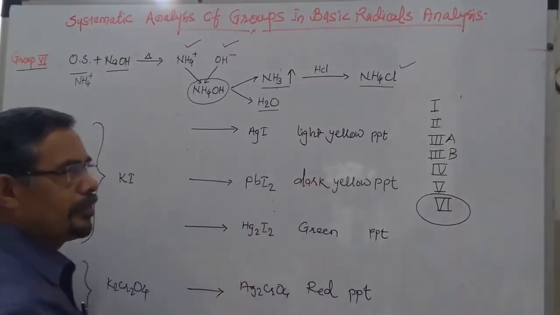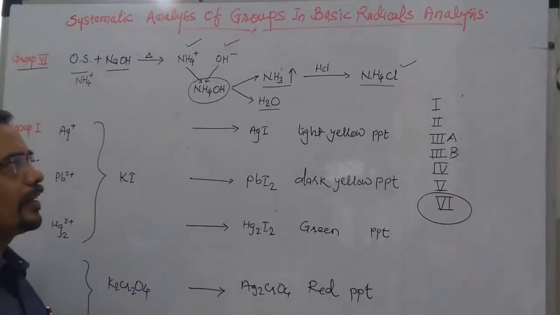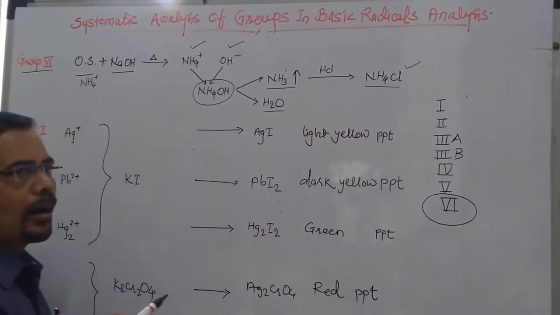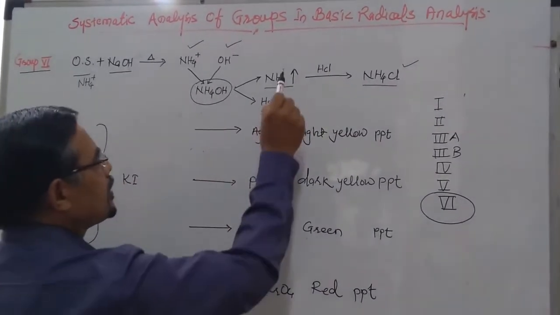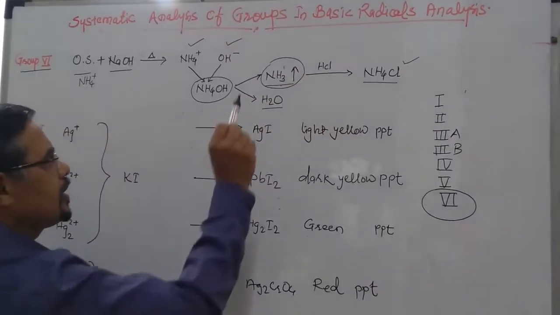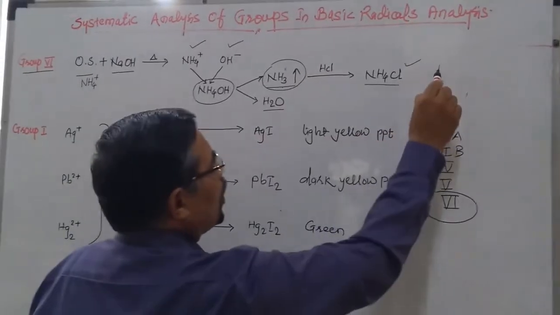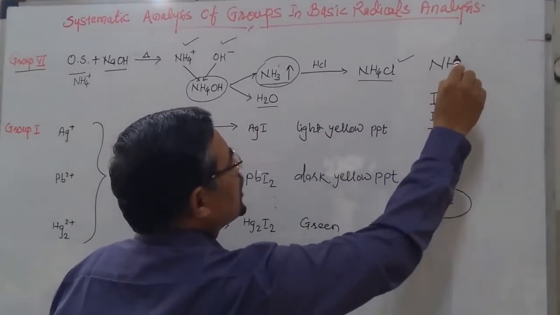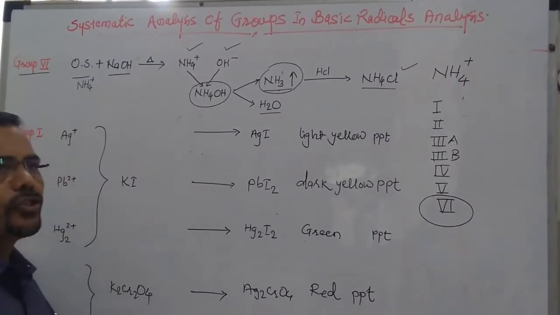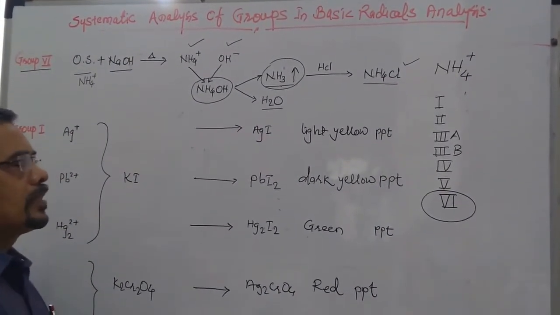It undergoes sublimation, so dense white fumes of ammonium chloride are formed. That indicates the presence of NH3, and this detects the presence of NH4 plus radical in the given original solution of mixture.